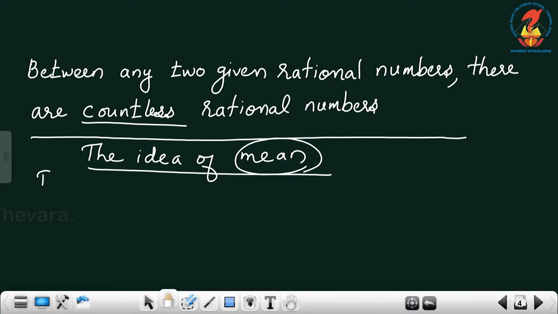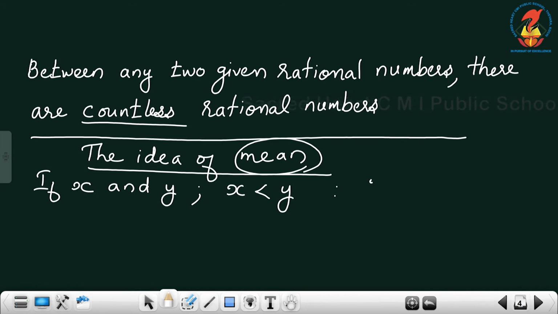If x and y are any two rational numbers, and x is less than y, then we can find the sum of these two rational numbers and divide the sum by 2. That is the mean, the sum of the numbers divided by the number of numbers.